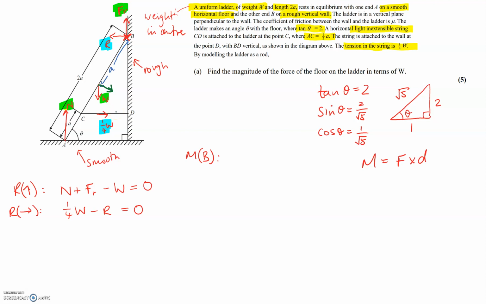That force there is going to be W times some sine or cos of theta. This looks very similar to inclined planes questions, so that's actually going to be W cos theta. The distance it is from B is A, so that's its moment. That's because the angle here is the same as the angle here, so it's just going to be W cos theta. The next force I come across is this one.